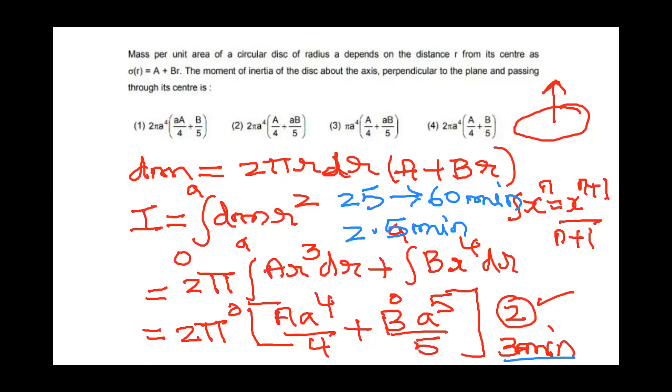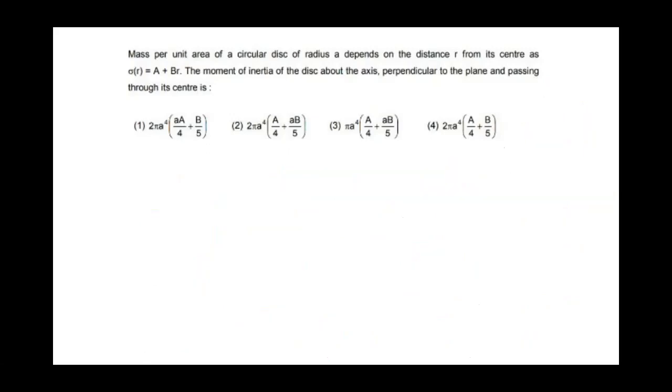So let me just clear this. And now this is a shortcut. This you can do in 30 seconds flat. So now what an efficient student will do, he'll look at the options. You look at option number 1.